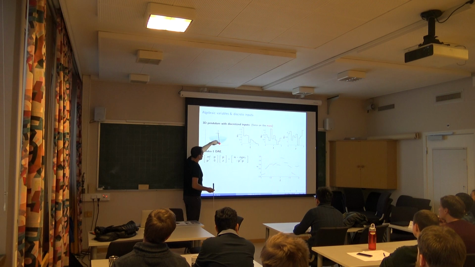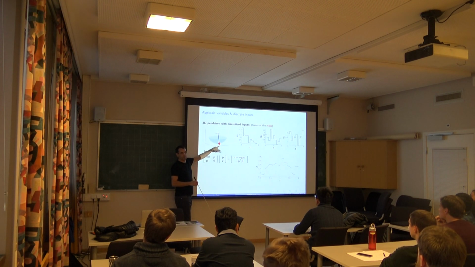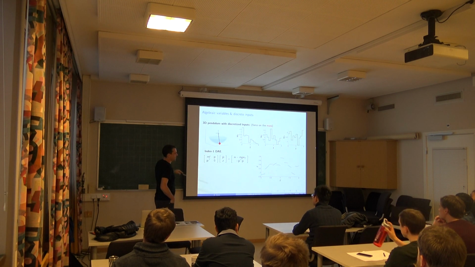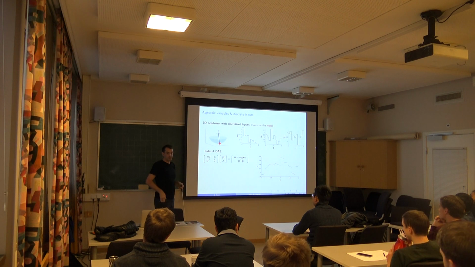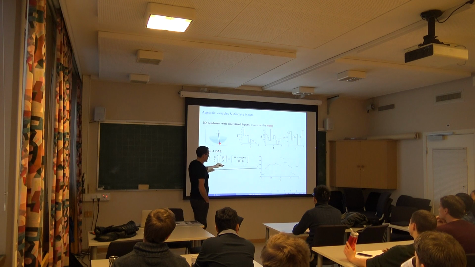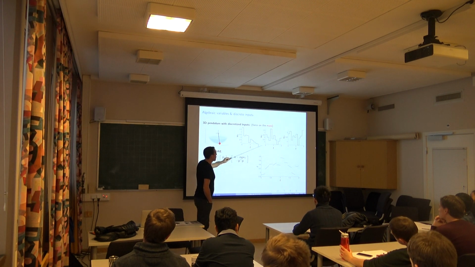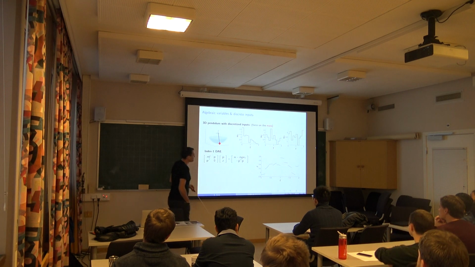If I exert no force and then right after that I put a force in here, then of course the force in the cable will also jump, right? So contrary to the differential states, which are at least continuous, they may have kinks, but they are continuous, the algebraic states may actually jump around, and they typically do when the input jumps.